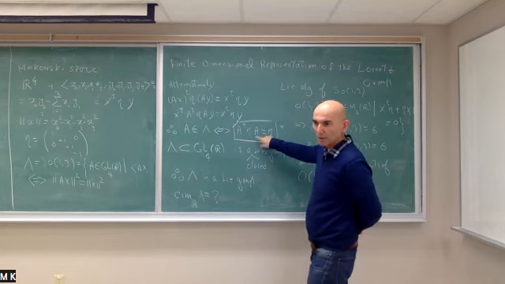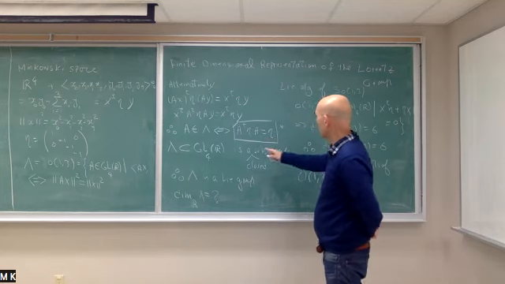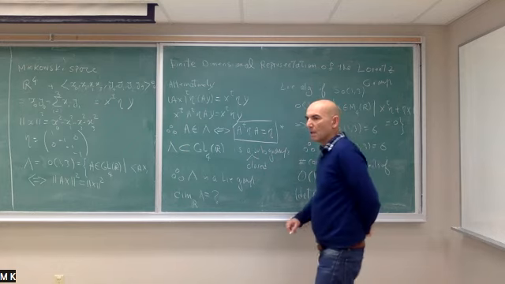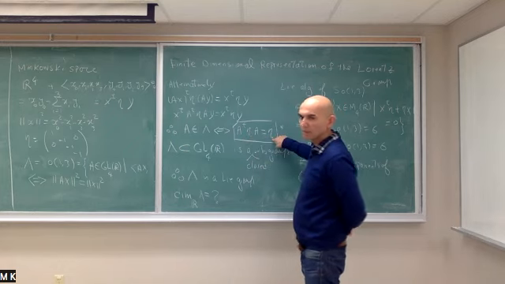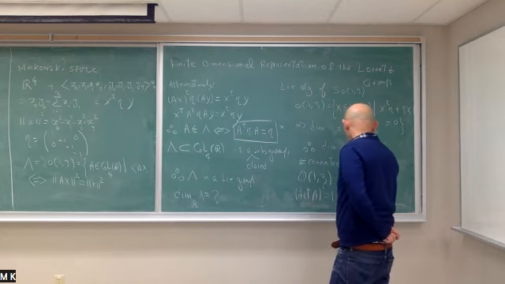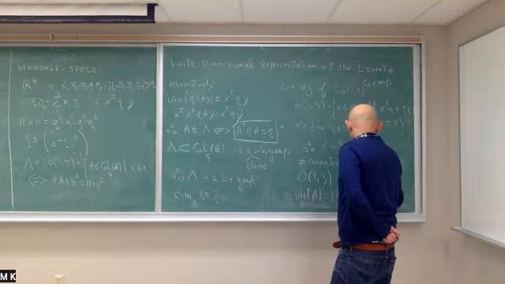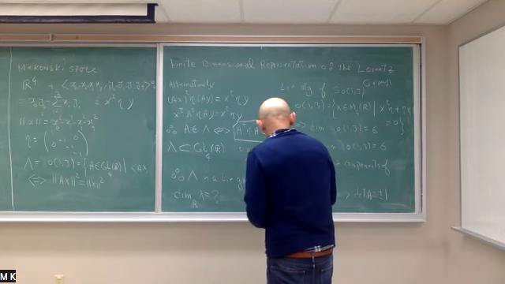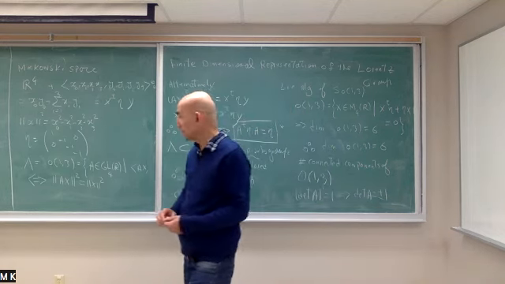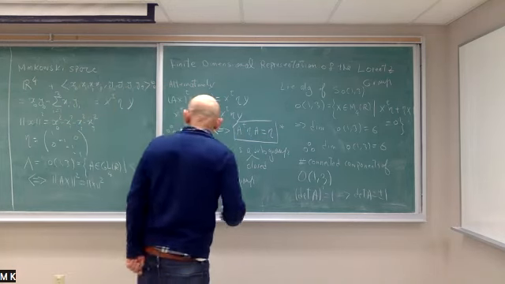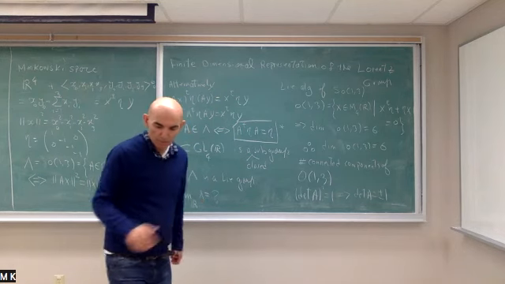If you apply the determinant on both sides, you get determinant of A squared equal to 1, because the determinant of eta, which is -1, cancels from both sides. So this shows that the determinant of A is equal to ±1. So there are at least 2 components: one that has determinant 1, the other that has determinant -1.